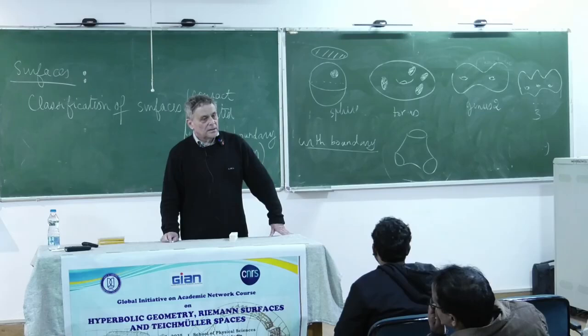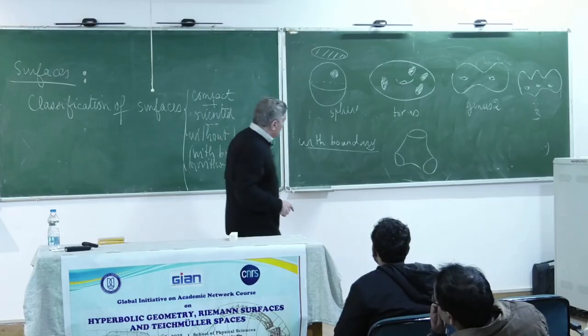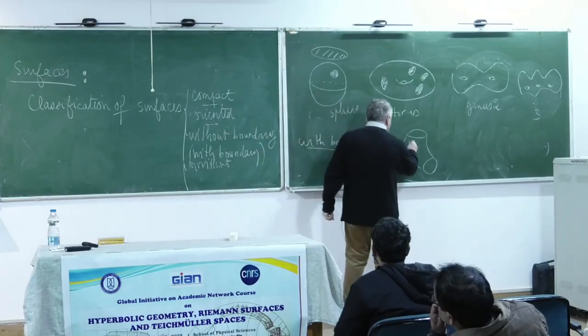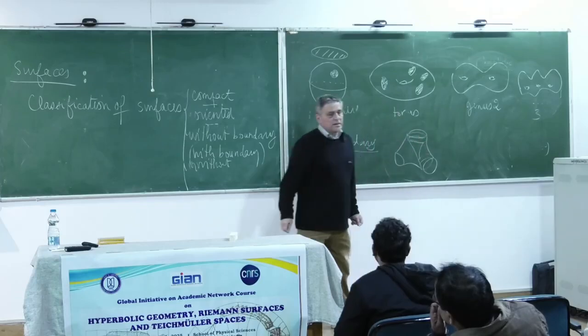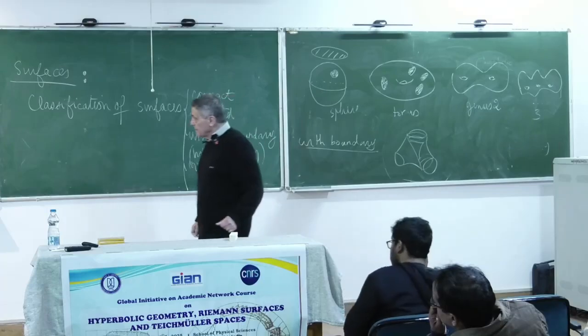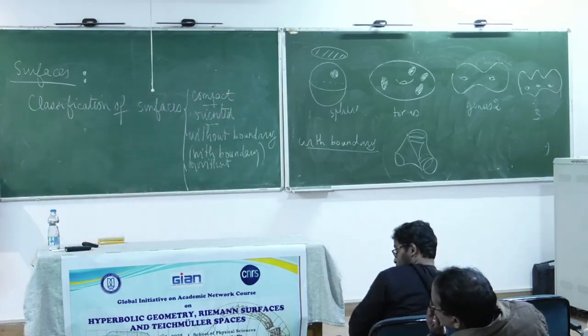Yes, yes, the triangles. In fact, it's a picture which I already showed you, right? So here will be an ideal triangle with spiraling along the boundary, and so on. And yes, so this is something we will have to be careful about.